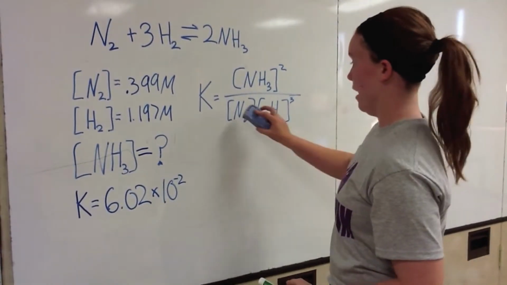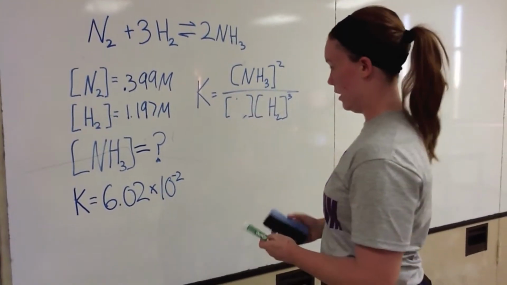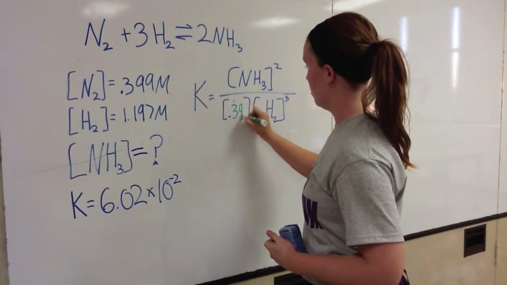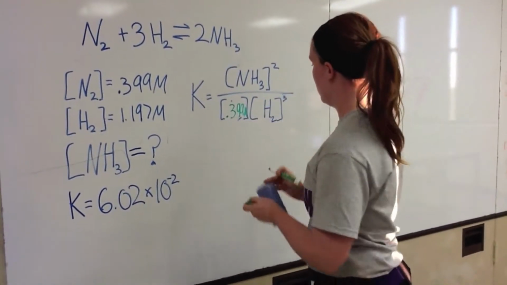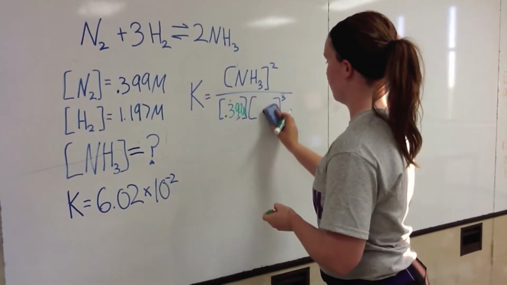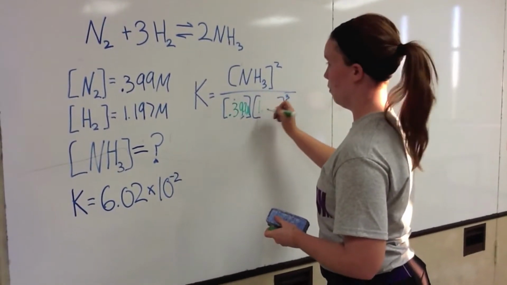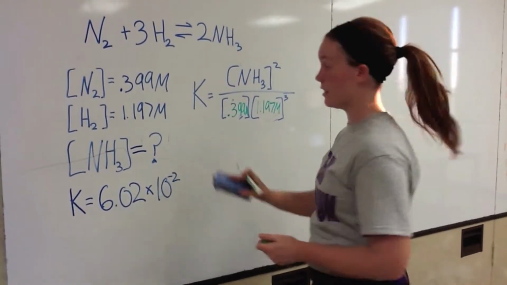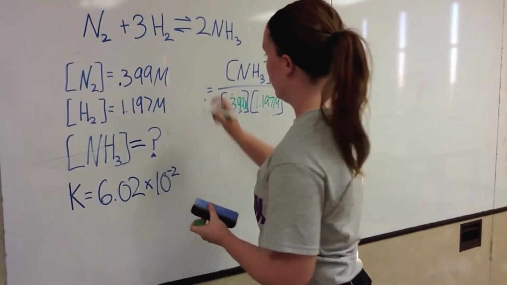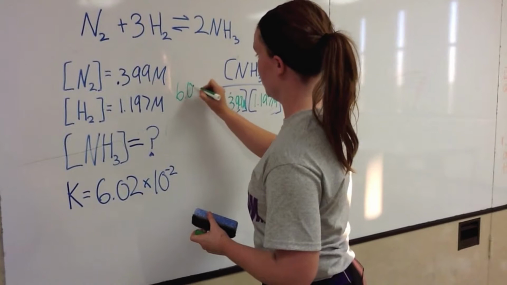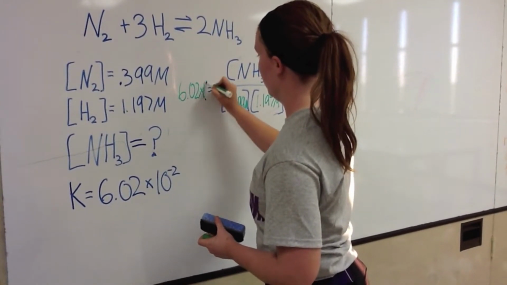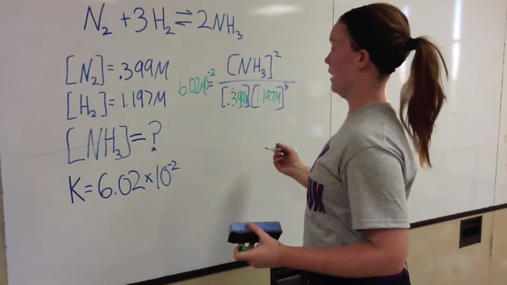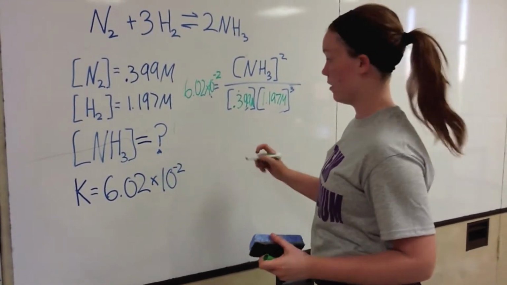So, now N2 is 0.399 molar, and H2 is 1.197 molar. K is the same K that we just found, 6.02 times 10 to the negative second. Now we can solve for the concentration of NH3.